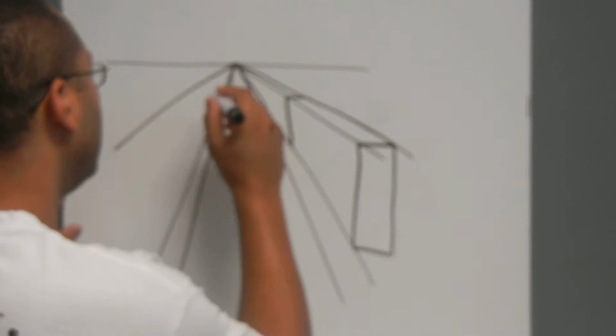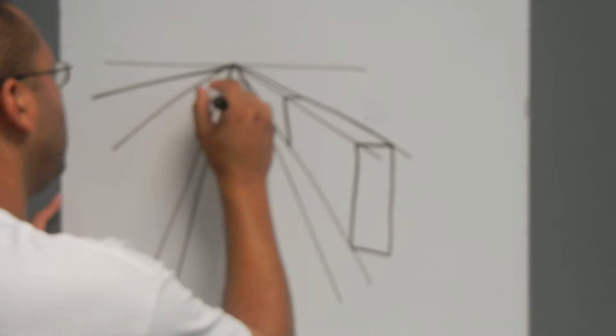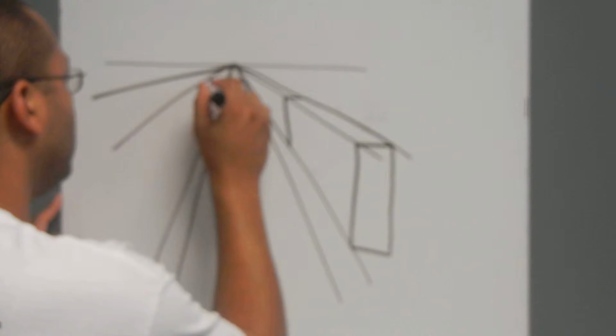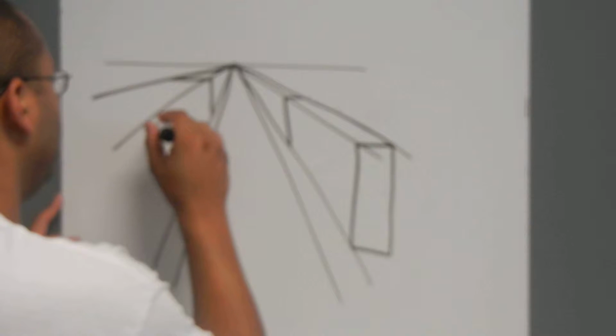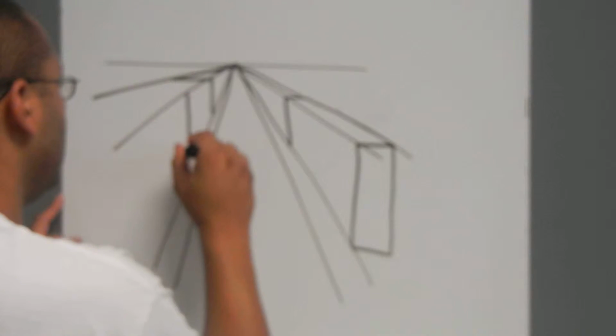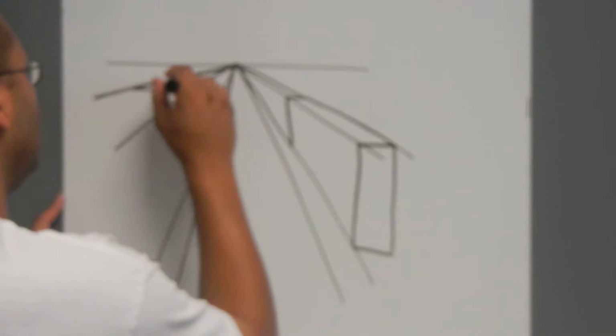The same thing would go for anything else on the other side, where if the end of it was right there, it would go to there. Let's say the other end was right here, goes to there.